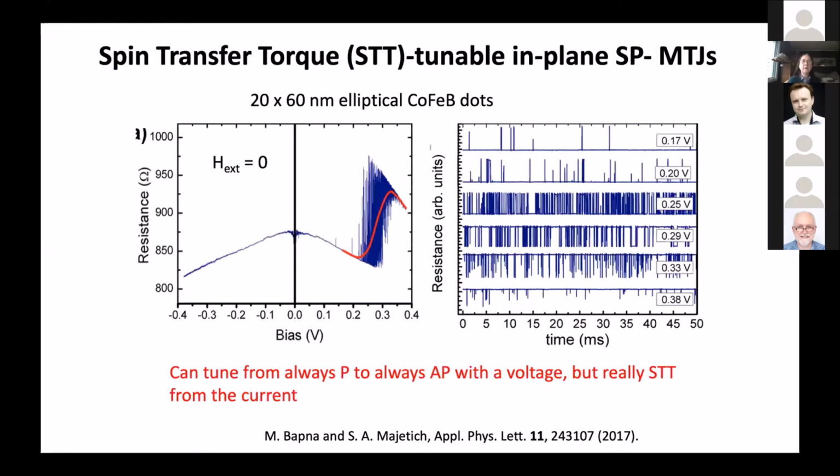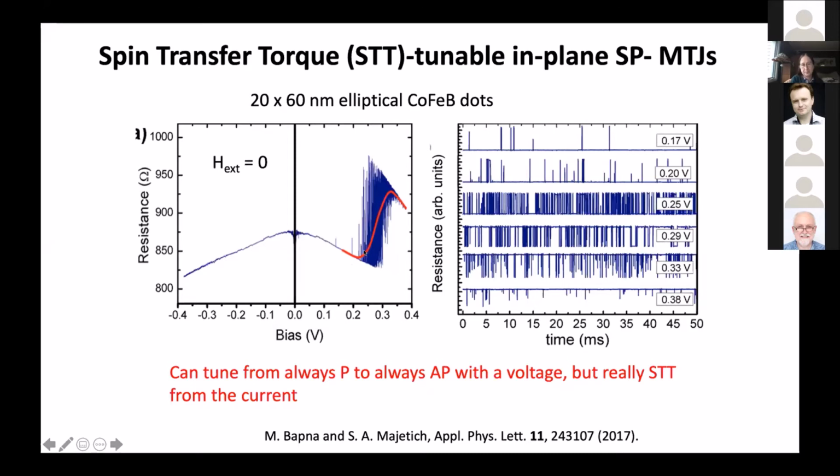One of the issues that also comes up is when we look at our resistance as a function of bias voltage, we see that the telegraphing region, this blue area in here, is offset by a couple of tenths of a volt. And if you're really thinking about low power applications, you don't want that big or even modest voltage offset. You would rather have it very close to zero and still get the tunability that's shown with this red sigmoid curve.